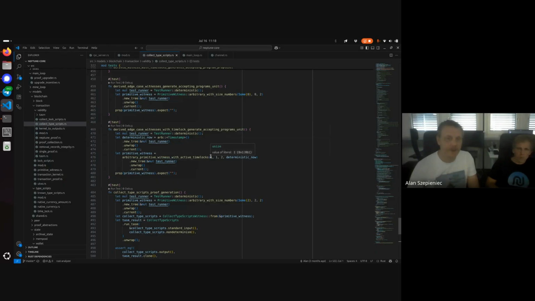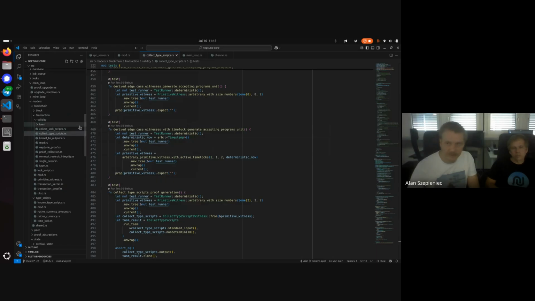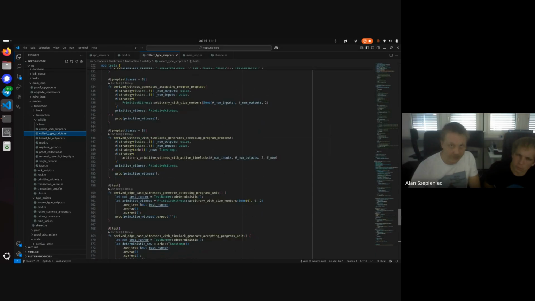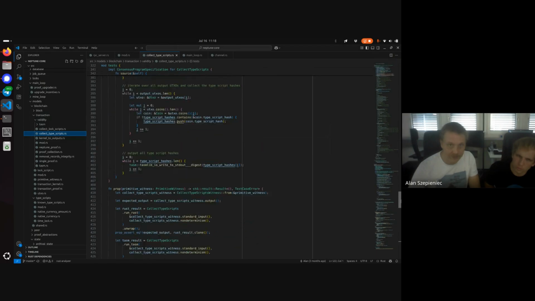Indeed. All right. So looking at the code, I just verified that we are on branch master. So this is the code that was live up until not last Friday, but the Friday before. Two weeks ago. Yeah. And we're looking in directory transaction validity collect typescripts. This file is responsible for the collect typescripts program, which collects all the typescripts from all UTXOs on the input and on the output side of the transaction.